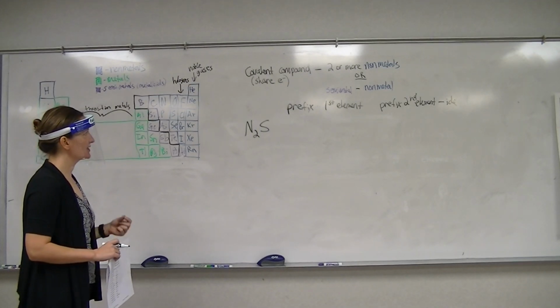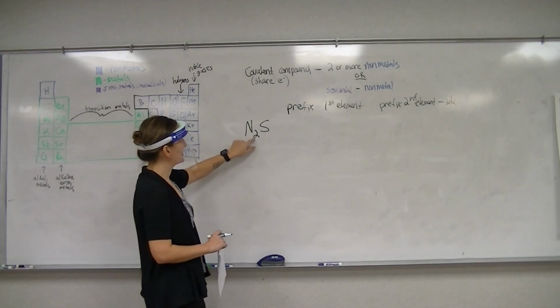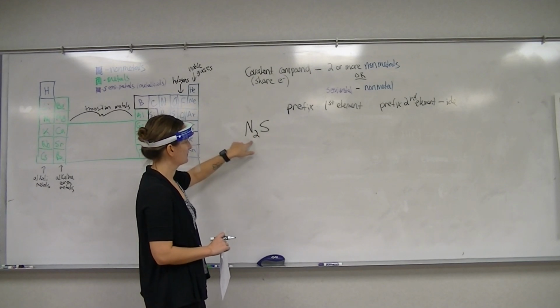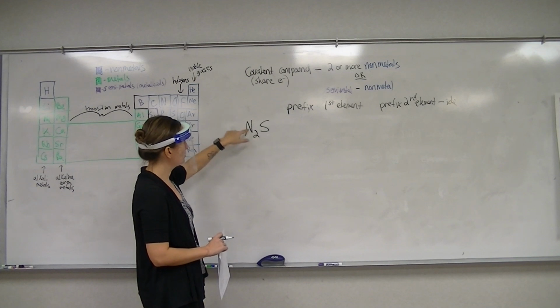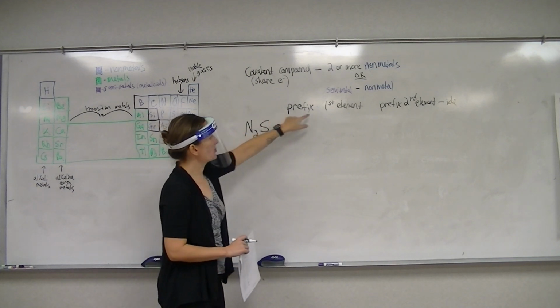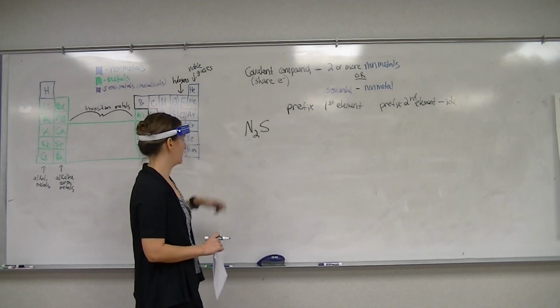What are the prefixes for? The prefixes tell us how many atoms of each are present. Notice this 2 that comes after nitrogen, that's saying there are 2 nitrogen atoms. So we're going to use a prefix to indicate that there are 2 of them.